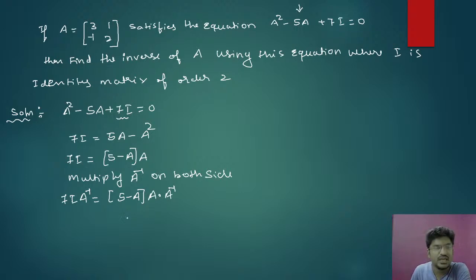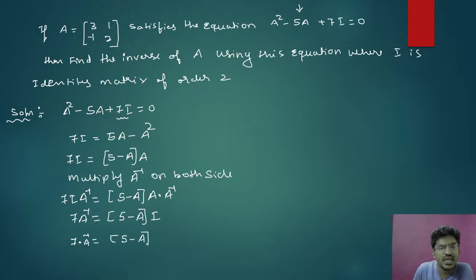So I am multiplying A inverse on both sides. Now identity matrix into A inverse will be A inverse, that is 7 into A inverse equal to 5 minus A into A inverse, which is what? I. A into A inverse is what? I. So this will be 7 into A inverse equal to 5 minus A.